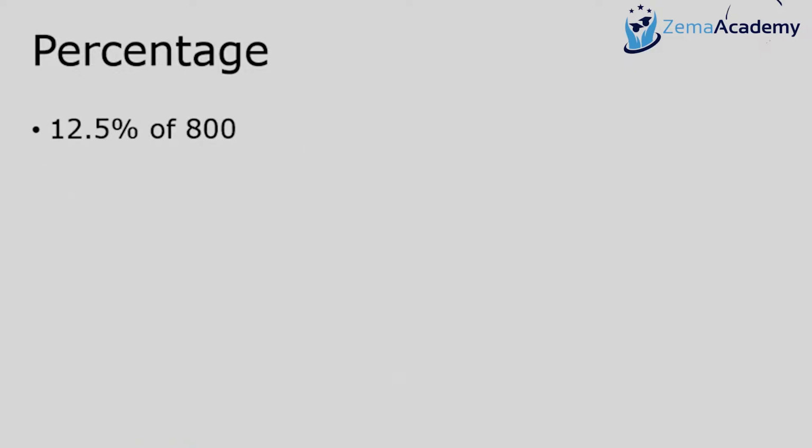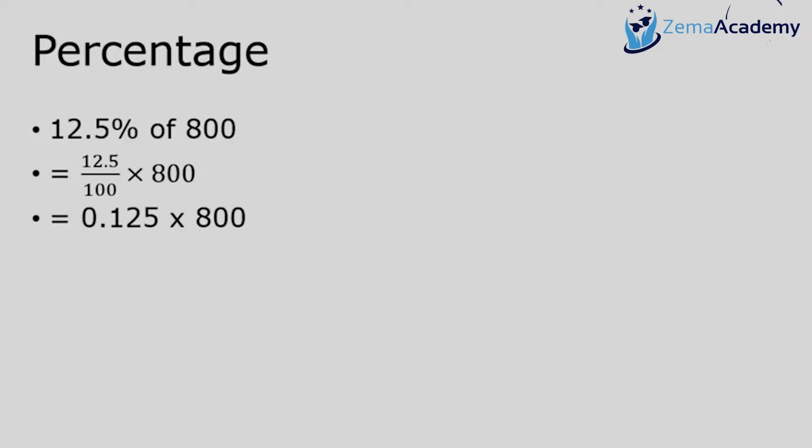So here's another example. If I want to calculate 12.5% of 800, there's actually a few different routes that I can use to work it out now. First, I know that 12.5% is the same as 12.5 over 100, and all multiplied by that 800 again. So what do I do?